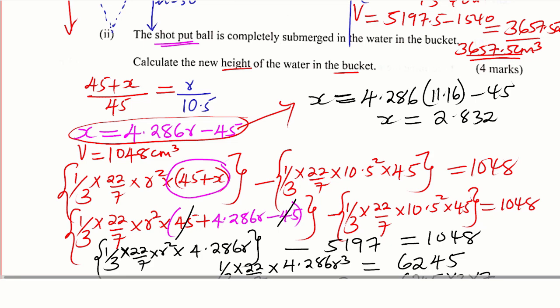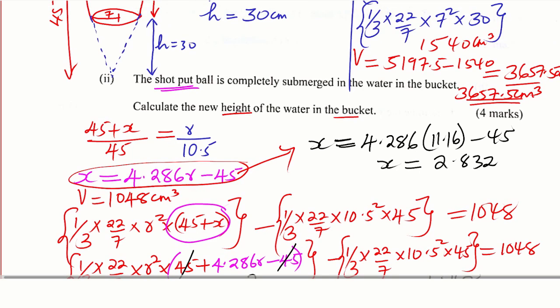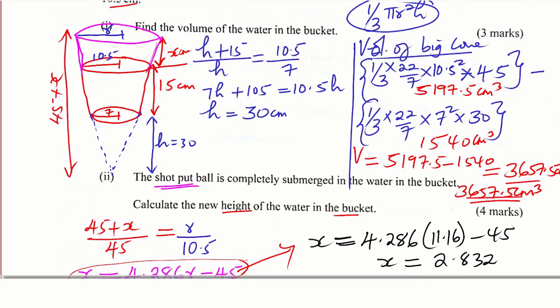So the question is now asking about the new height. We already have that x. So look at the diagram. The original height was 15. Then to get the new height, you have to add that x.